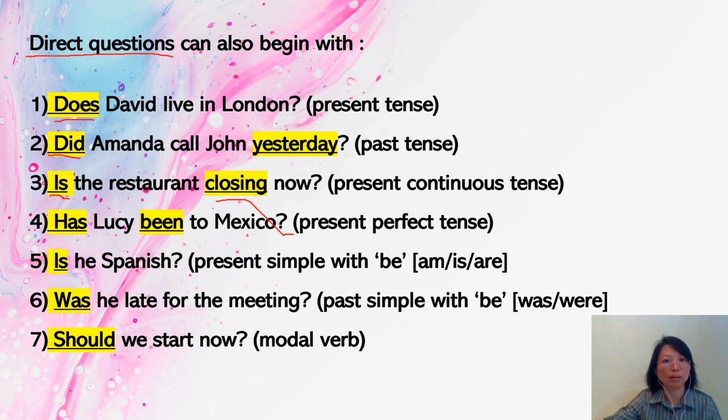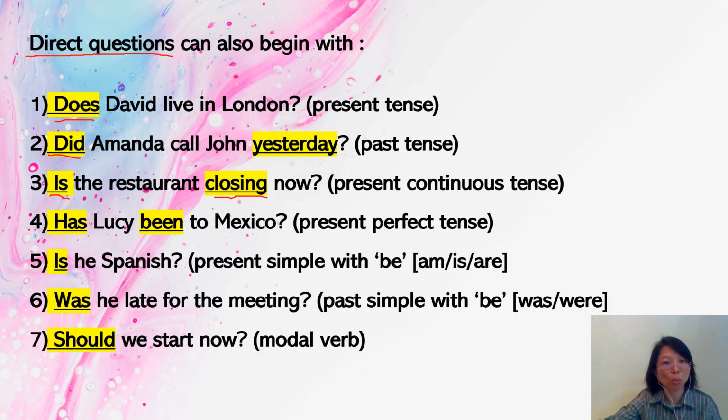Let me erase this one a bit. Is the restaurant closing now? So this one is using present continuous tense. How do you know that it is present continuous tense?